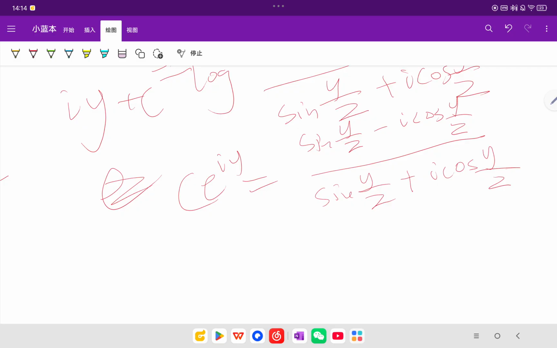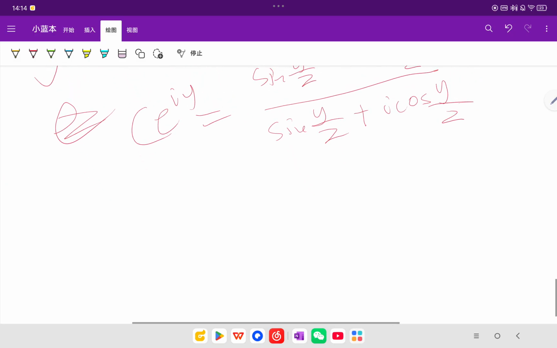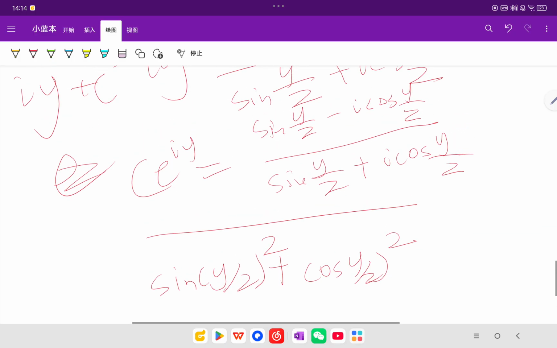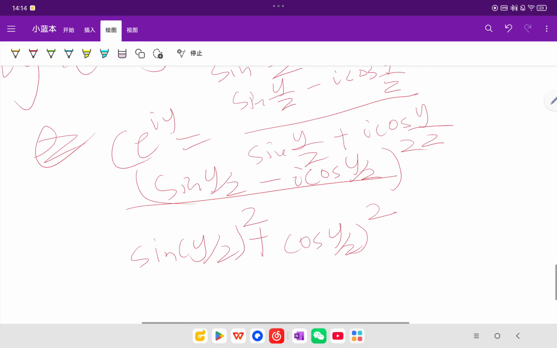We simplify the expression on the right side by multiplying the denominator by its conjugate form. So we'll get sine y divided by 2 plus cos y divided by 2 in the denominator, sine y divided by 2 squared plus cos y divided by 2 squared, with sine y divided by 2 minus i cos y divided by 2 squared on the numerator.